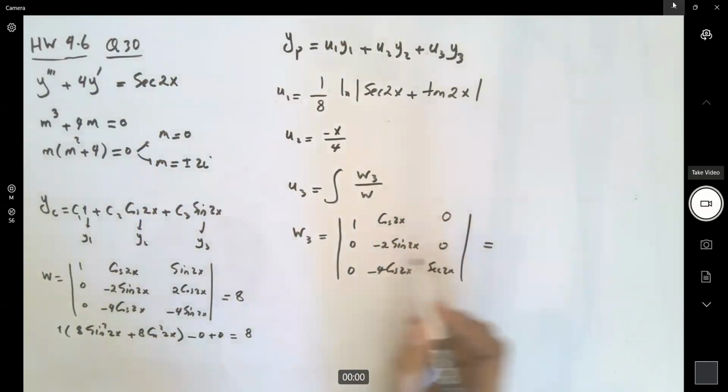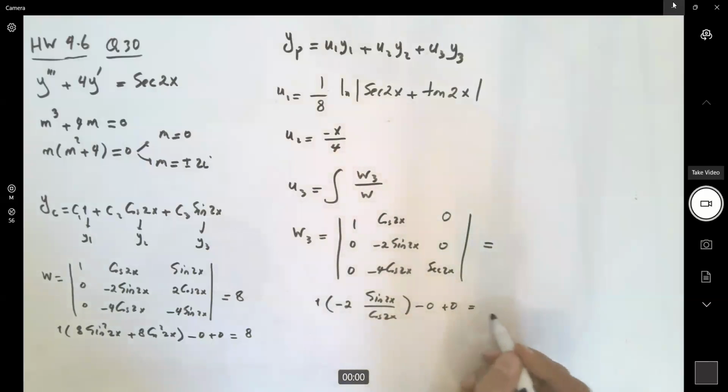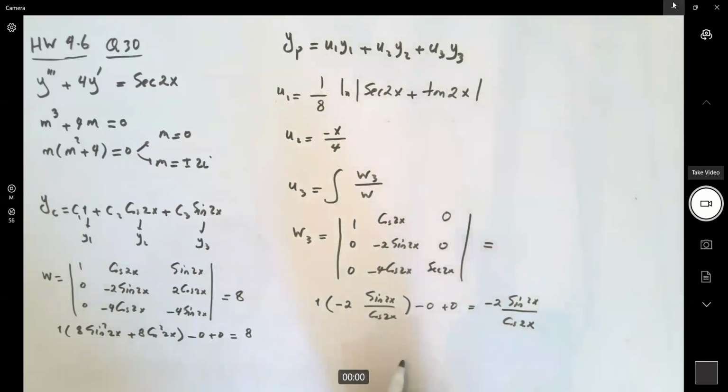It is 1 times negative 2 sine 2x divided by cosine 2x, plus 0 plus 0, so it is just negative 2 sine 2x divided by cosine 2x, or negative 2 tangent 2x. So u3 becomes the integral of negative 2 over 8 times sine 2x divided by cosine 2x dx.